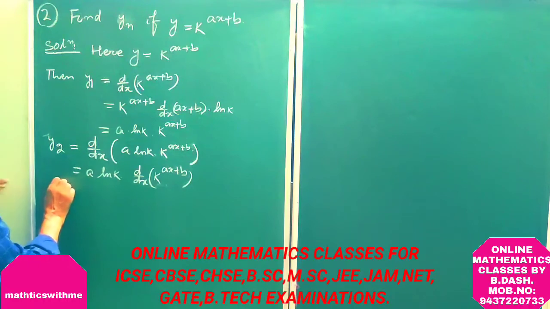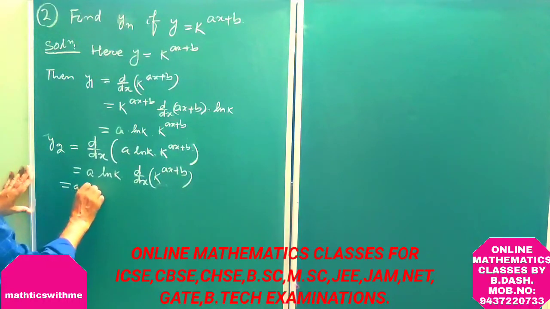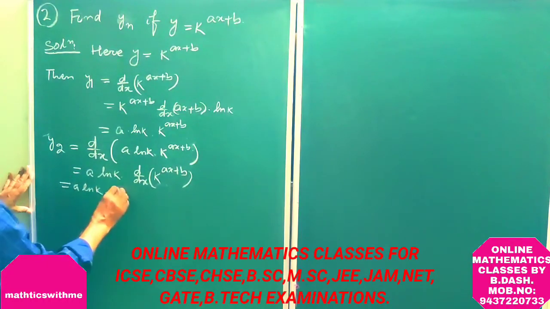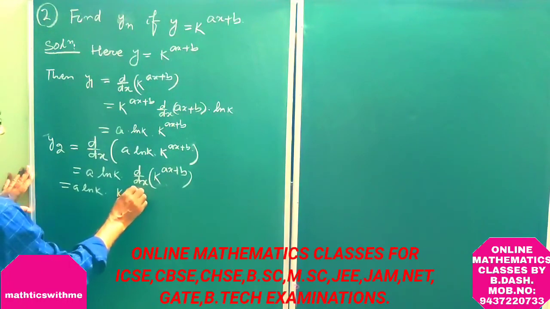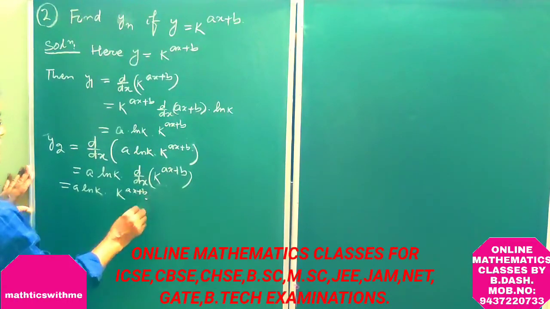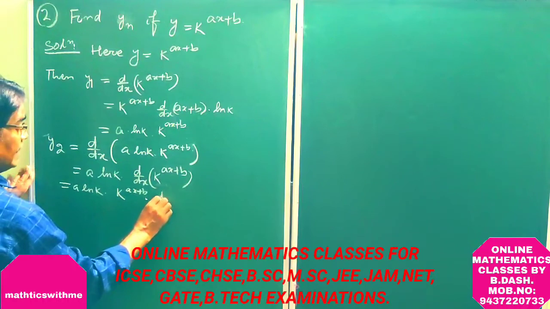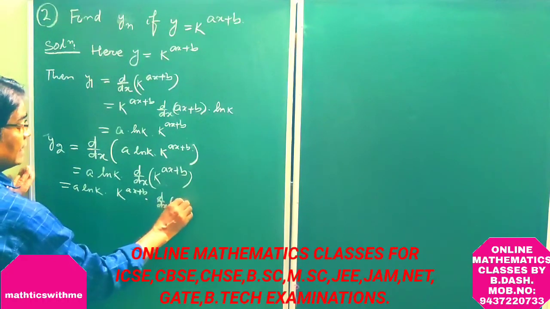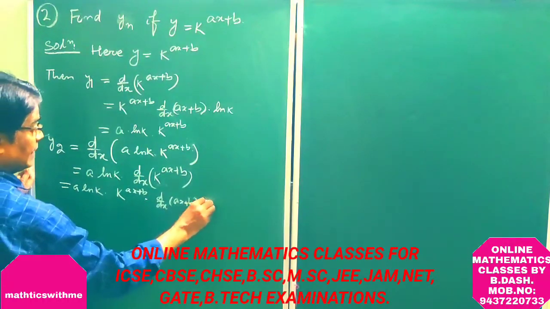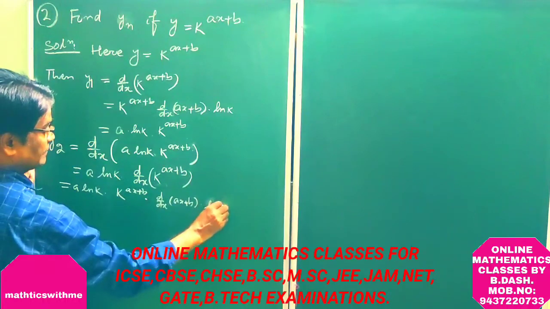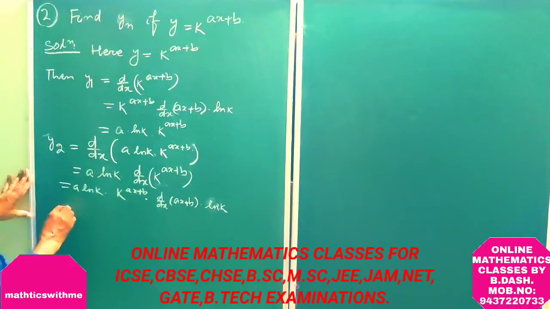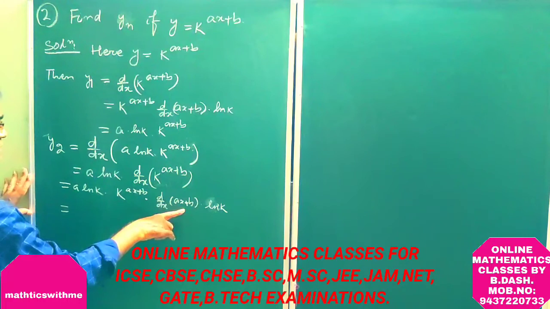So this is equal to a ln k, k to the power ax plus b, then the derivative of ax plus b into ln k, which is equal to a, since the derivative of ax plus b is a.